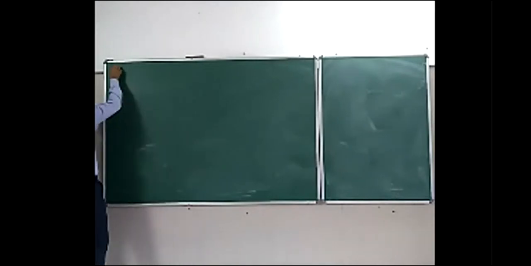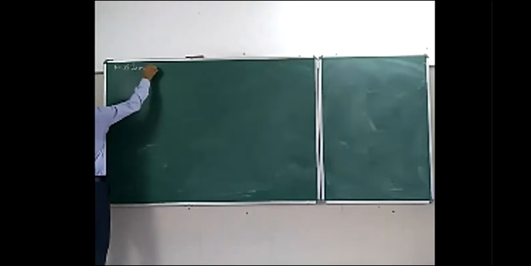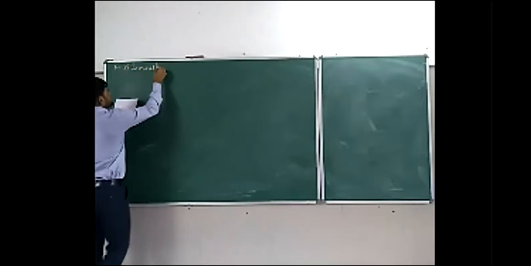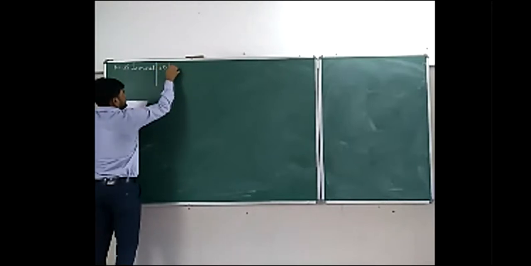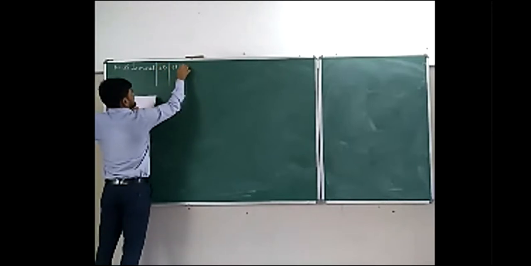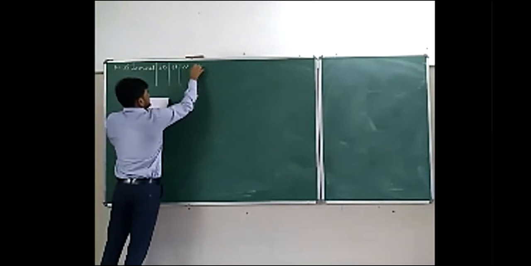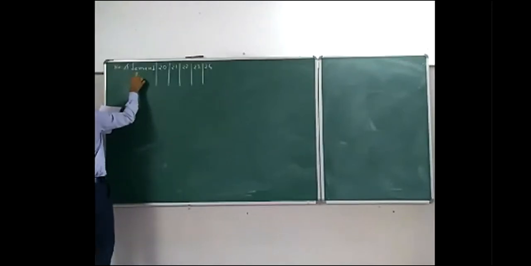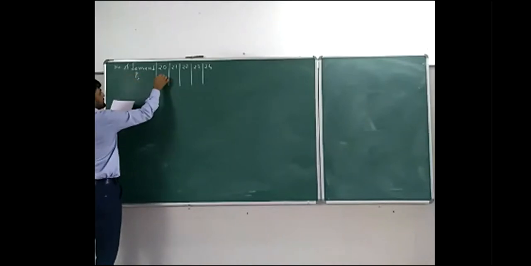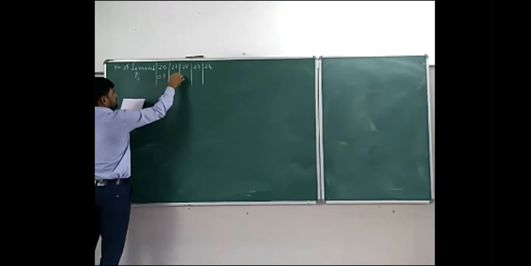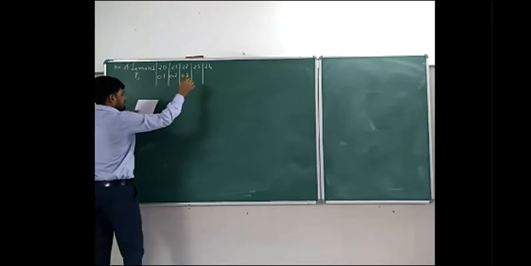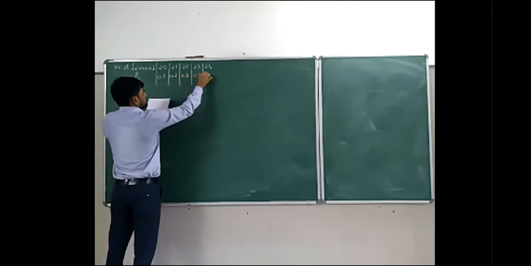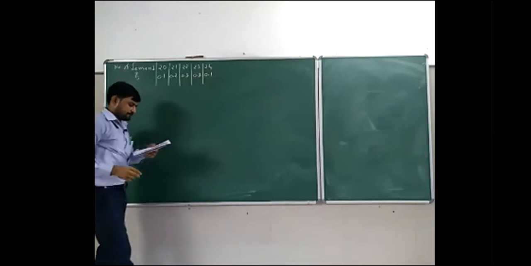So we'll write here number of demand, that is 20, 21, 22, 23, 24, and probability, it is called PJ: 0.1, 0.2, 0.3, 0.3 and 0.1.